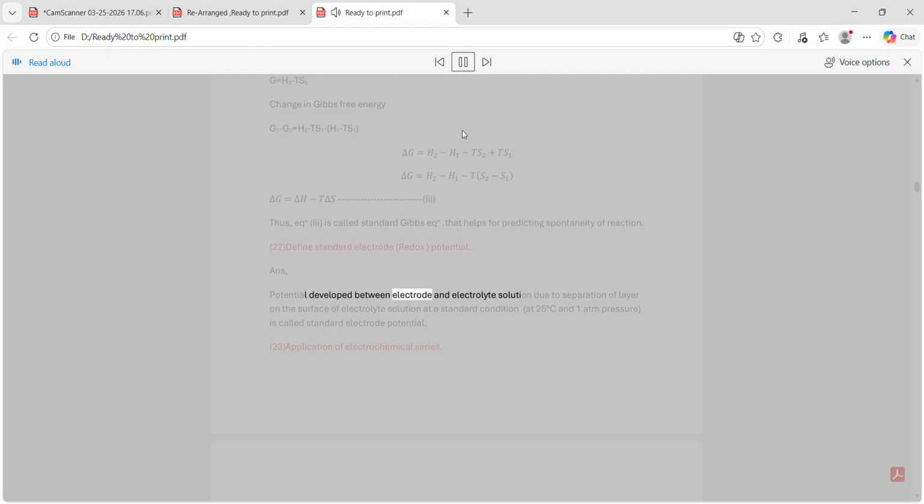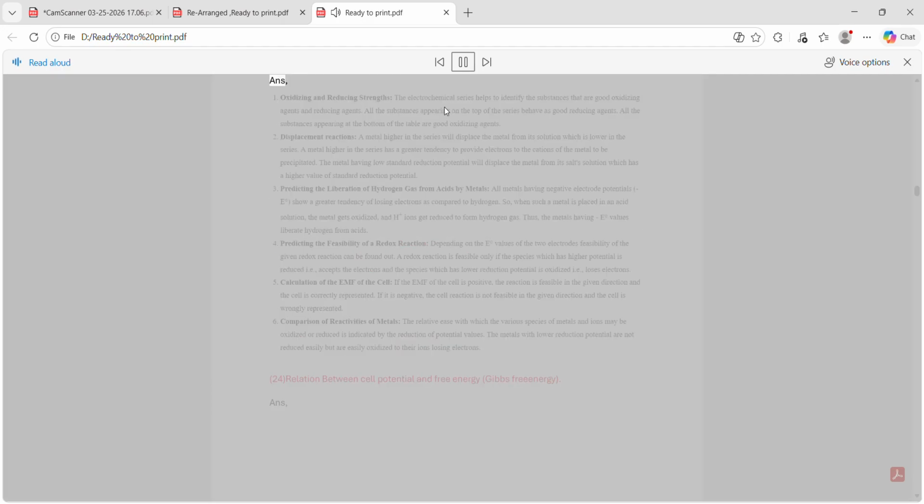The potential developed between electrode and electrolyte solution due to separation of layers on the surface of the electrolyte solution at standard condition, at 25 degrees Celsius and 1 atm pressure, is called standard electrode potential. 23. Application of electrochemical series. Answer. 24.